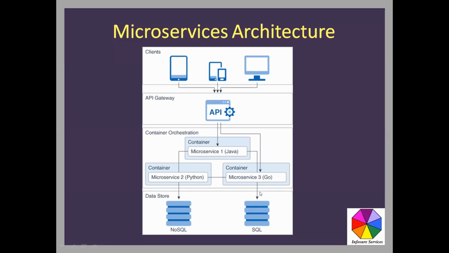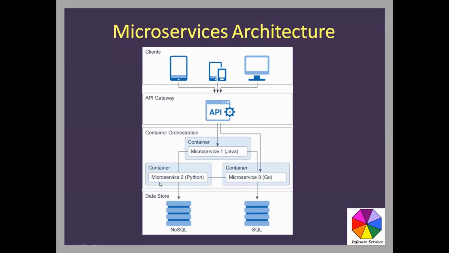The containers are getting orchestrated, meaning synchronized like an orchestra, with the client application. The API will route. If I want to print, it might go to a printing service.